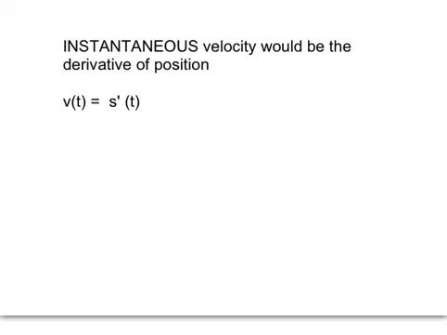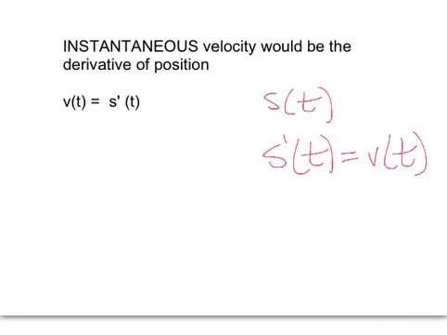If you're given position and you take the derivative of position, you have just found the velocity function. The function, the machine that will tell you all the velocities at any given time. So if we know where we're at any given time, we can figure out how fast we were going at any given time. That's pretty cool, and it's thanks to the derivative of position. So velocity is the derivative of position.